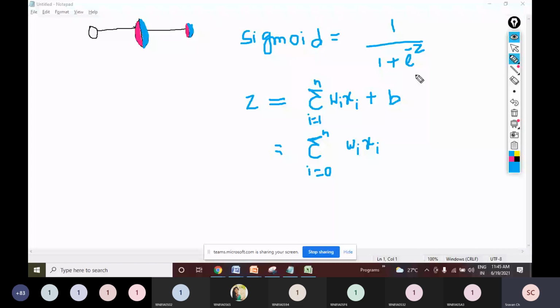That's the reason, to add non-linearity to our linear functions, we use activation functions. One such activation function is sigmoid.